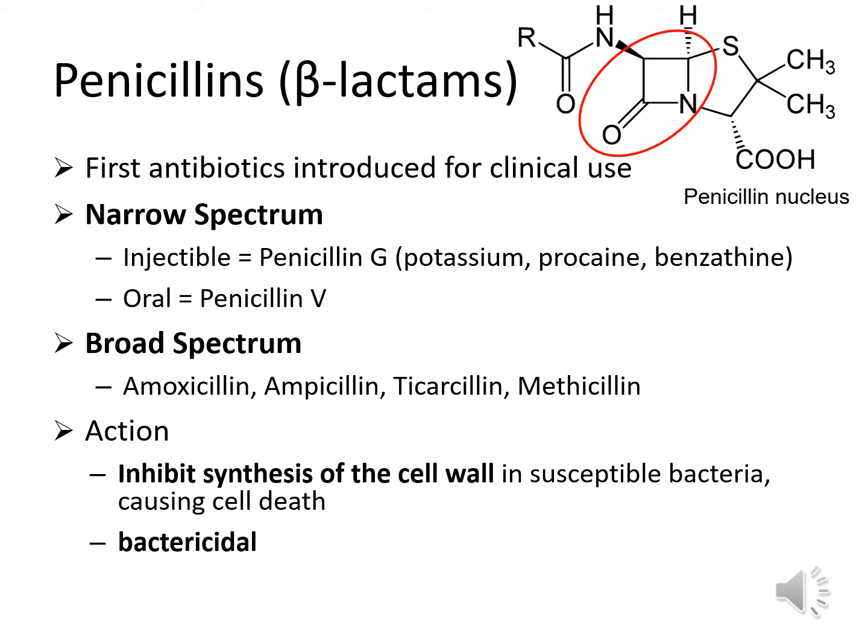And so without the ability to make that enzyme work and link the peptidoglycan molecules, the bacteria can't fix damaged cell walls, and the cell ends up being destroyed because the cell wall lyses, or the integrity of the cell wall is compromised, and the cell itself, the bacterial cell, is lysed. So therefore, these antibiotics are all bactericidal.